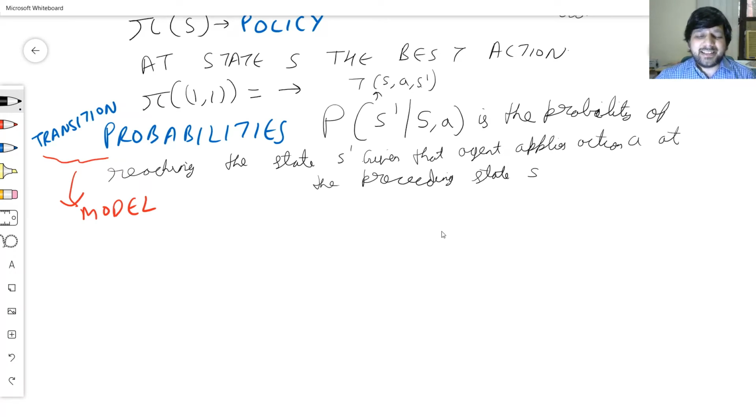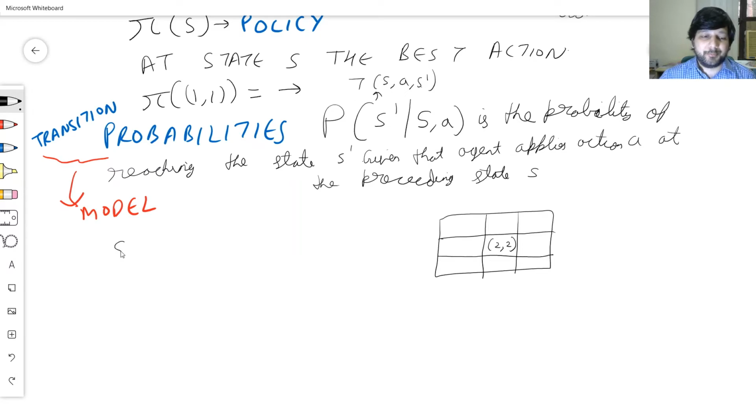So let us say that the world is extremely small like this, and the agent is currently at 2-2, and for reasons we do not know, the agent says that I will take the action up. Maybe there's a goal, maybe somebody told that's the optimal policy. And now I say that the agent does move up. However, that happens only with a probability of 0.8.